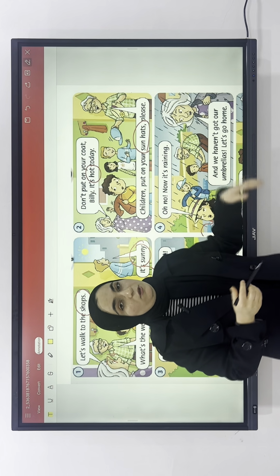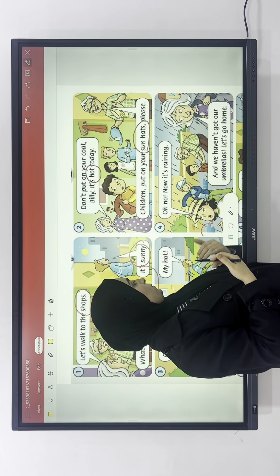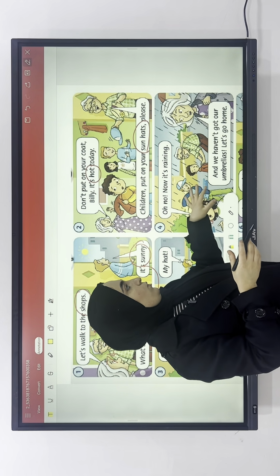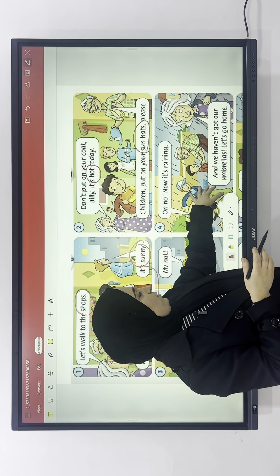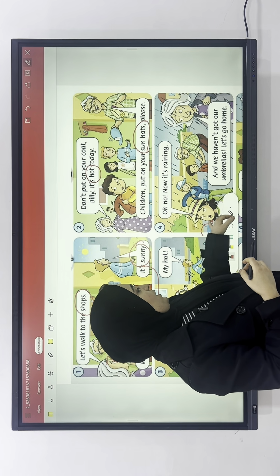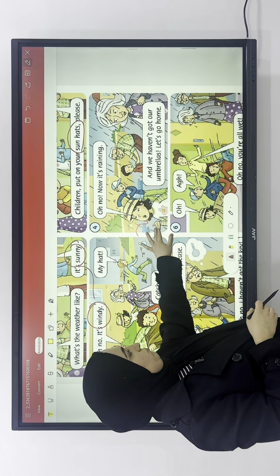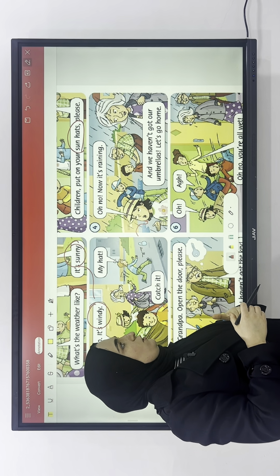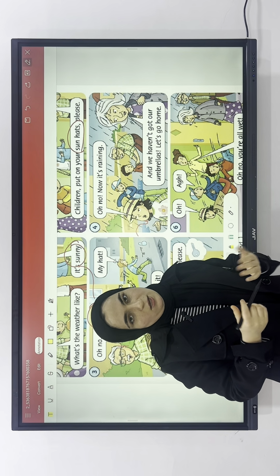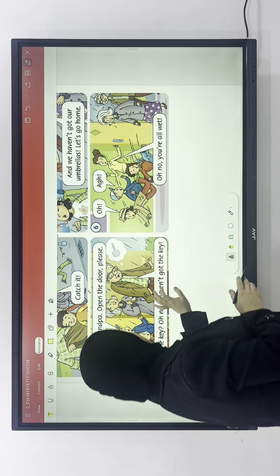You know that if the weather is rainy, we need an umbrella, so we don't wet our clothes. They forget the umbrella, so they all get wet. And look at Billy, look at Tim. They wear a jacket, and Rosie is looking at the rain, and they are all sad because they don't go to the shop and the weather changes.